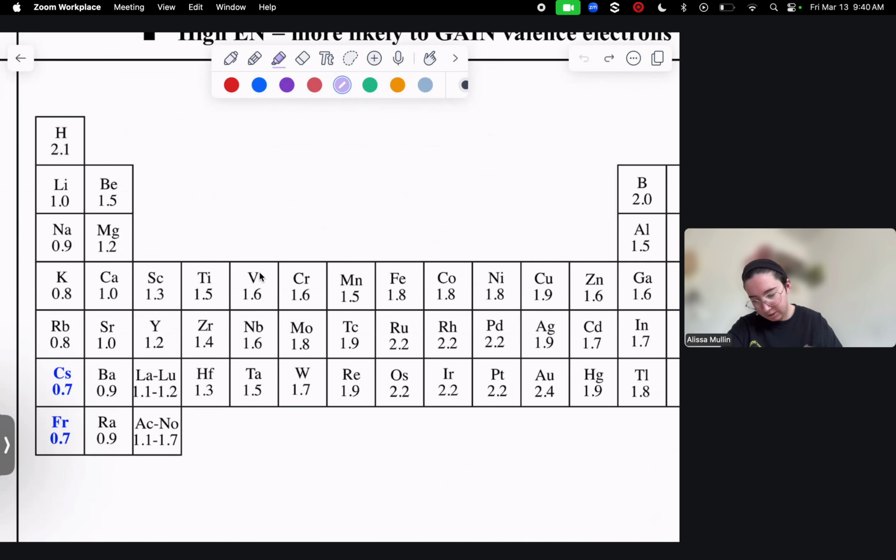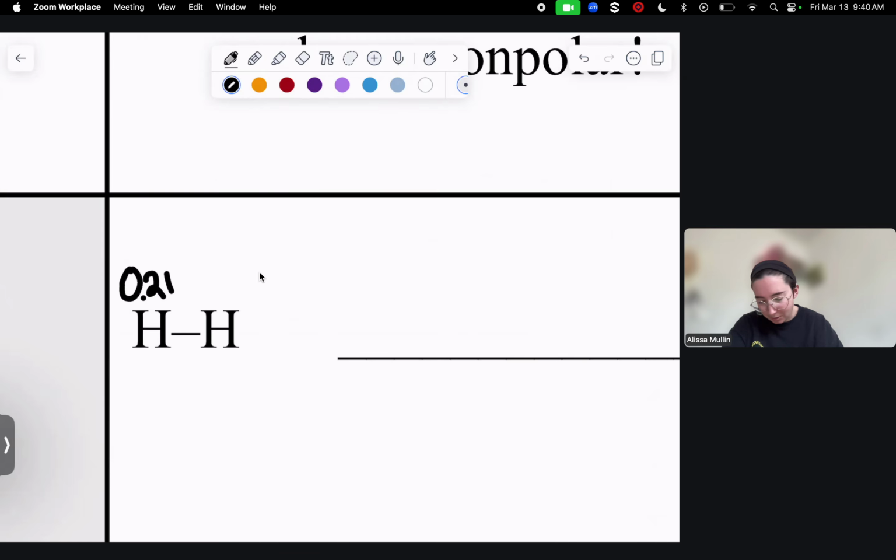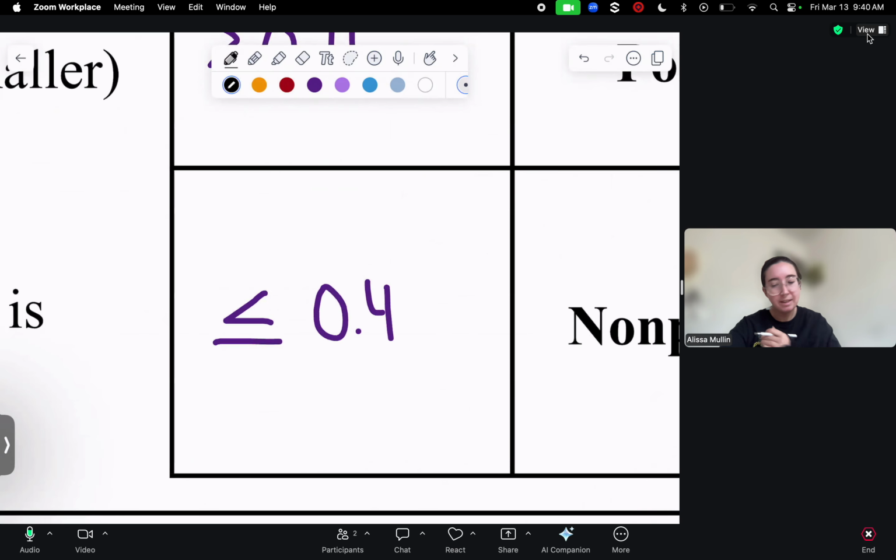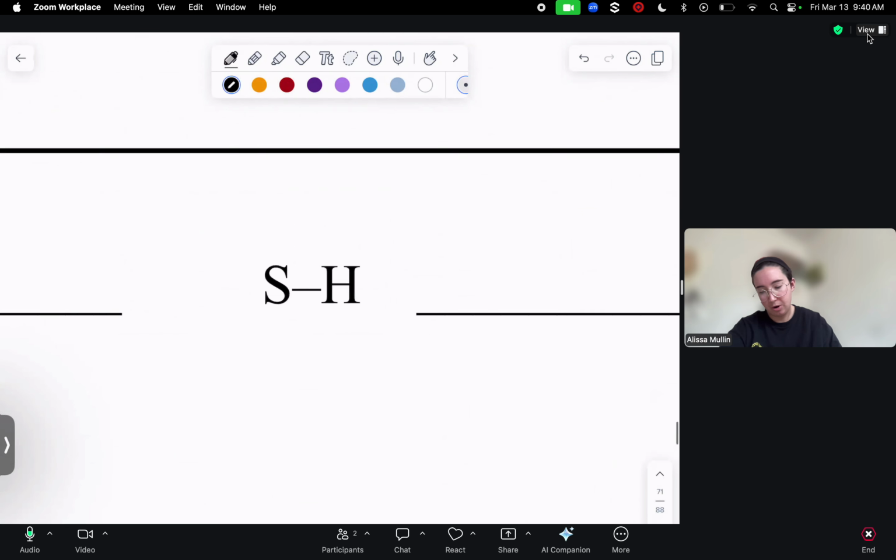Or sorry, 0.21. And then this H also has an electronegativity of 0.21. Cool. So then we get the difference. The difference is 0, right? So since that difference is smaller than 0.4, we say that this type of bond is non-polar.